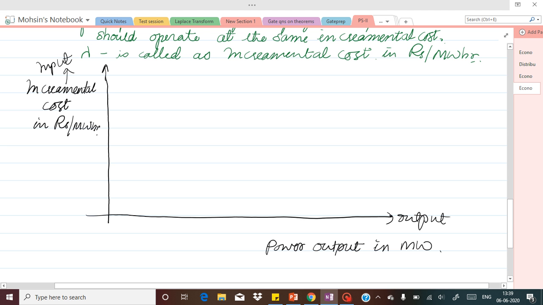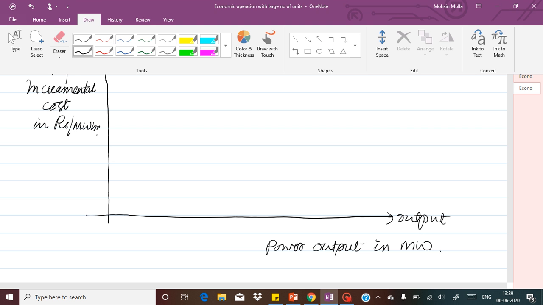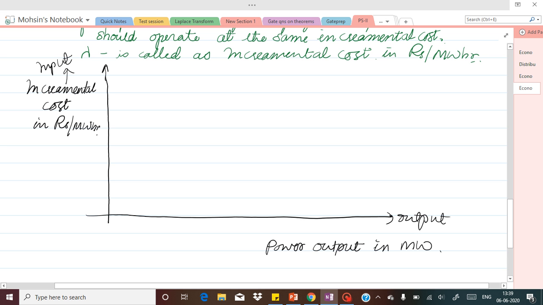Okay, so now as we said that there are m number of units operating in the plant, let us try to show graphs for all the m units here. Each of the units is going to have its individual minimum value, maximum value, and a curve in between those 2 points.